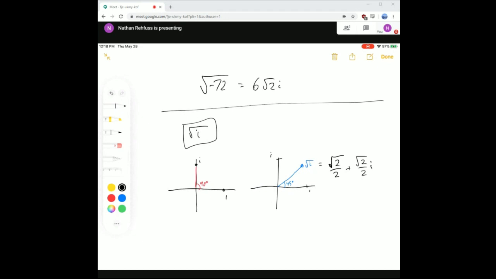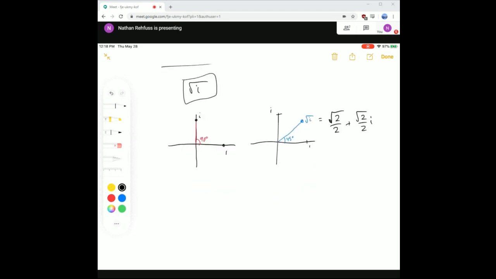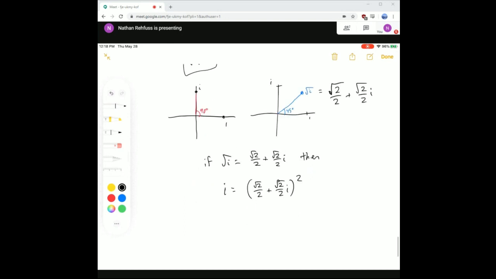Now that feels too good to be true, but I can prove it. If root i equals root 2 over 2 plus root 2 over 2 i, then I can square both sides. Then i has to be root 2 over 2 plus root 2 over 2 i, squared. Well, we know how to square a complex number.